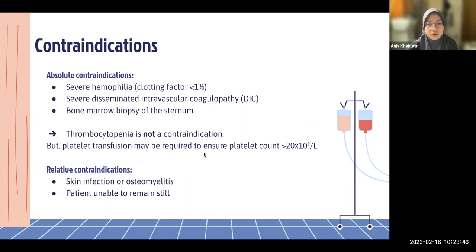If not, then platelet transfusion may be required if it is less than 20. And then for relative contraindications, of course, there is skin infection or osteomyelitis at the targeted site, or patients who are unable to remain still. But it's relative. So for a patient unable to remain still, we try our best to keep the patient calm and keep them still.